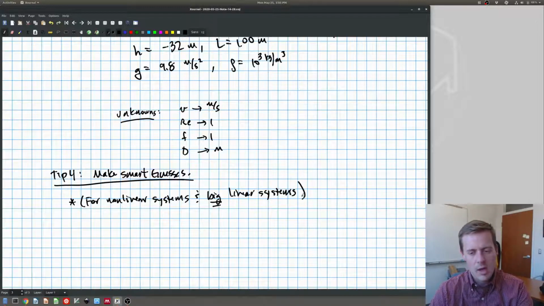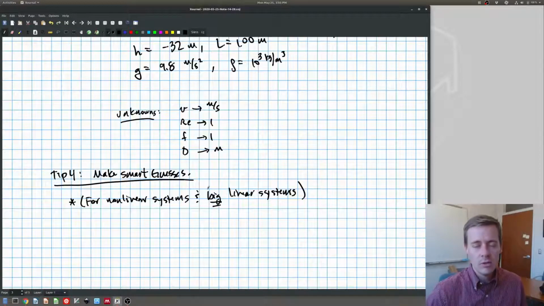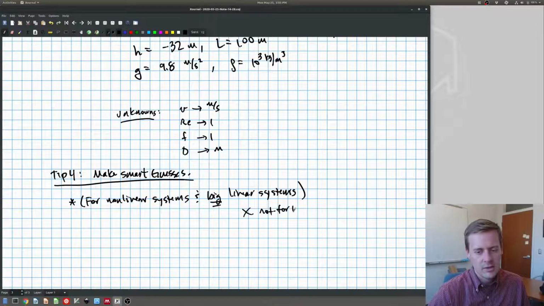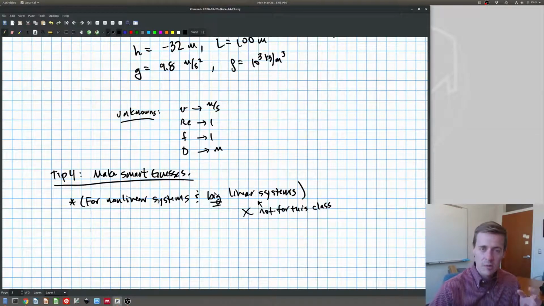And for the purposes of this class, we've only used what are called direct methods to solve linear systems. So we've used Gauss elimination. We haven't used iterative methods for large sparse matrices. Okay, so for this class, you don't need to do this, not for this class, on these really big linear systems with iterative methods. But for a nonlinear system, we use these iterative methods, and you have to have a guess.